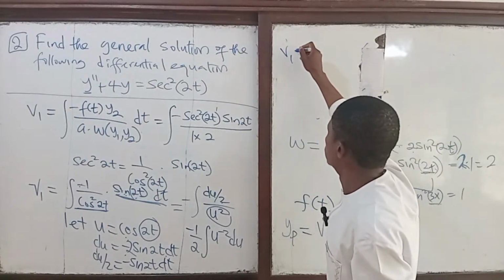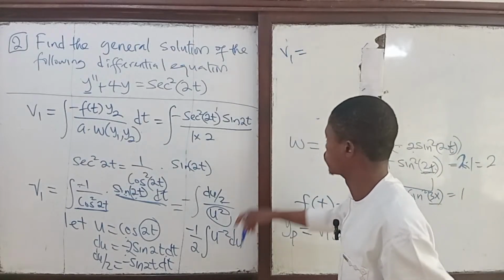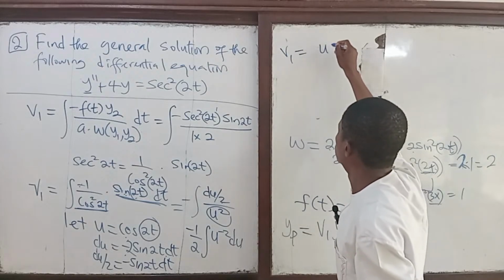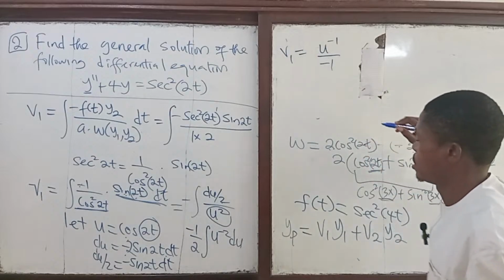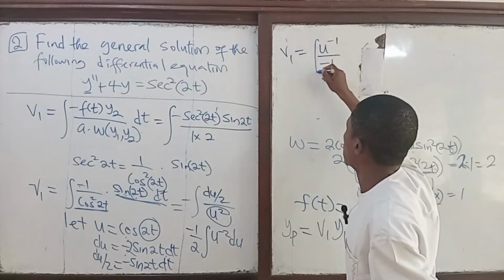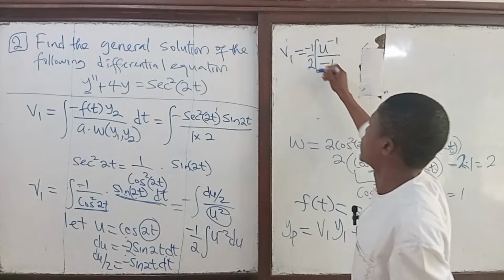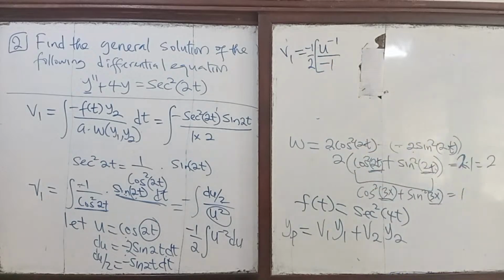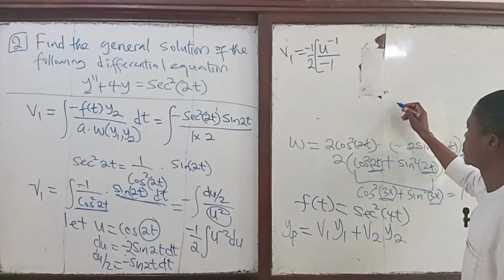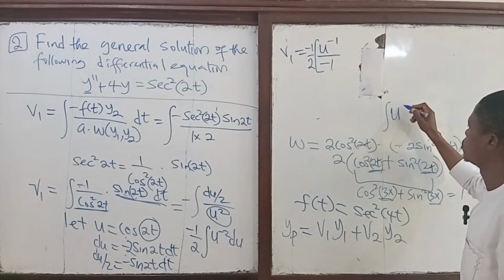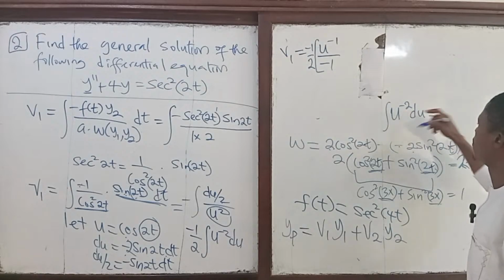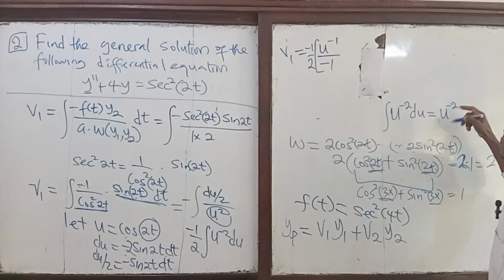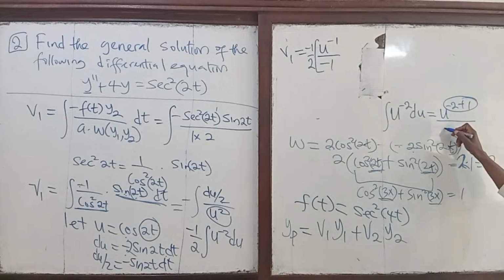For v1, do the integral. The power plus 1. That will be u to the power minus 1 over minus 1, and don't forget your minus 1 over 2 outside. When you integrate u to the power minus 2, the power becomes plus 1, that will be minus 2 plus 1, and whatever you have here over that.